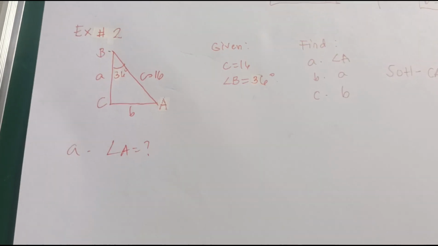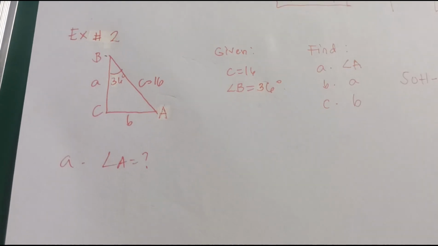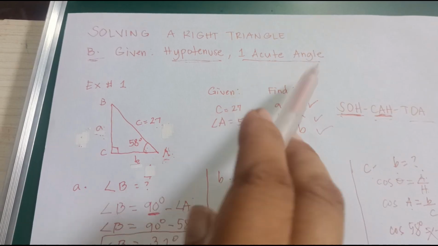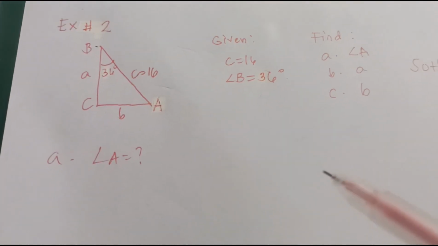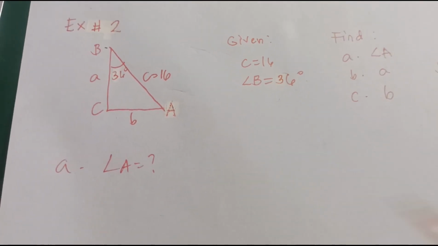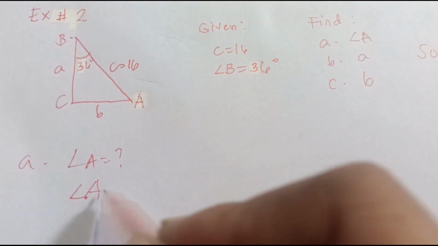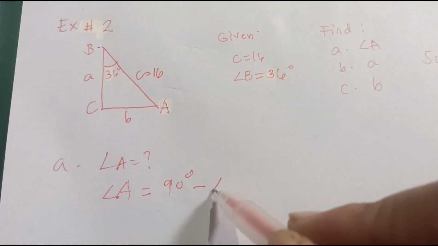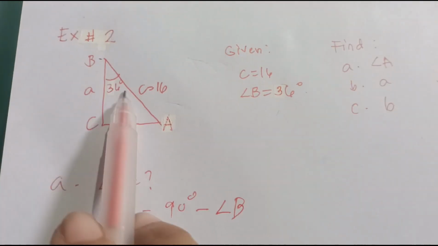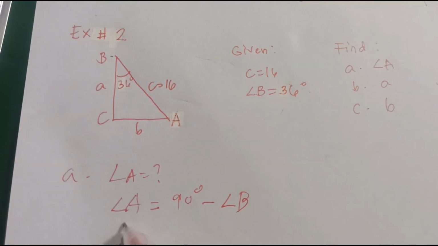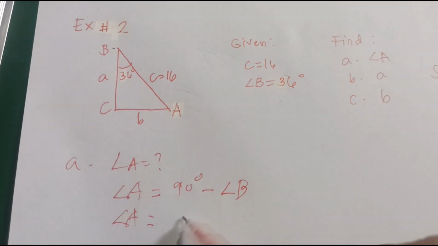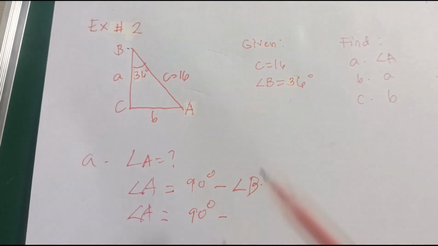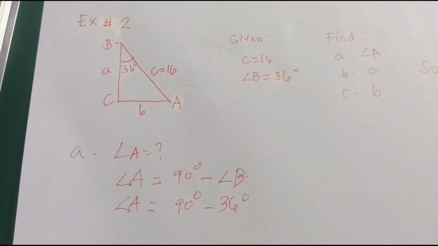So again, angle A in letter A is very easy to find. For a right triangle with the hypotenuse and one acute angle given, the missing angle is just 90 minus the given angle, which is angle B. So, to solve for A, it's equal to 90 degrees minus the measure of angle B, which is 36 degrees.